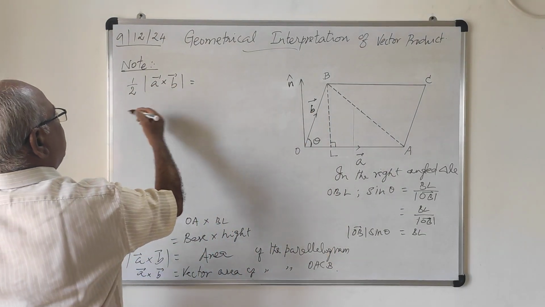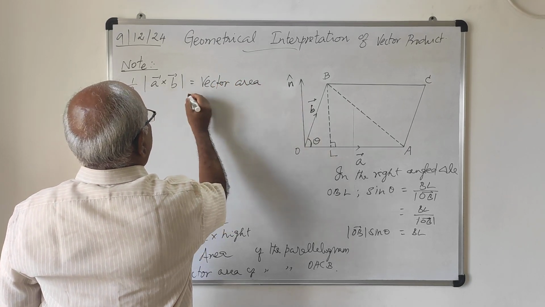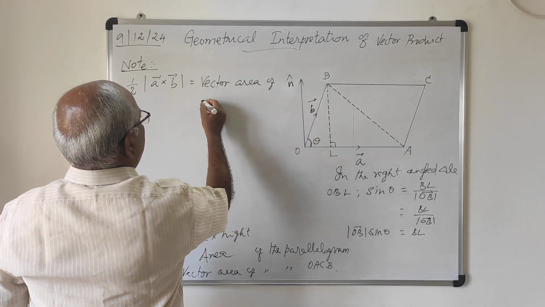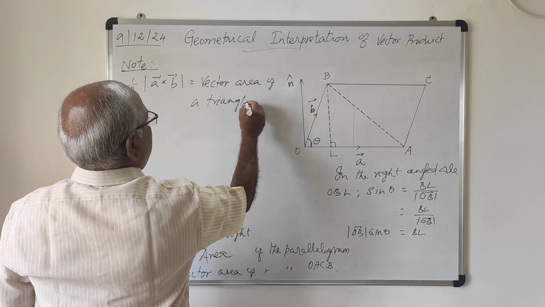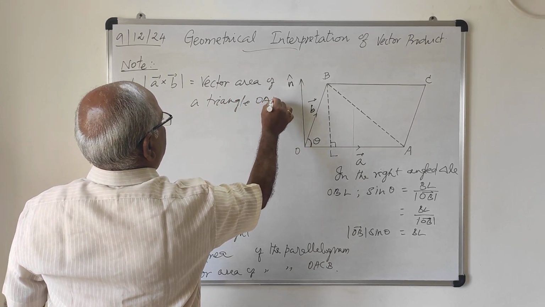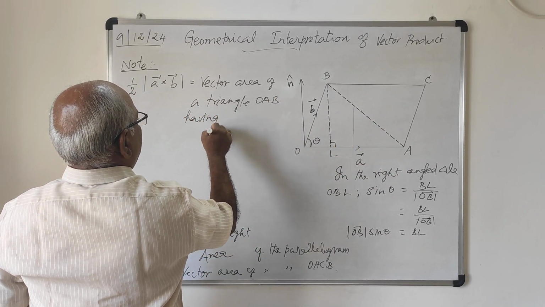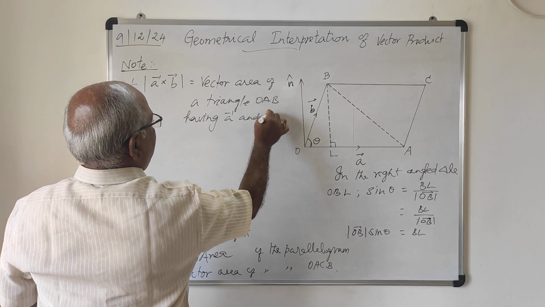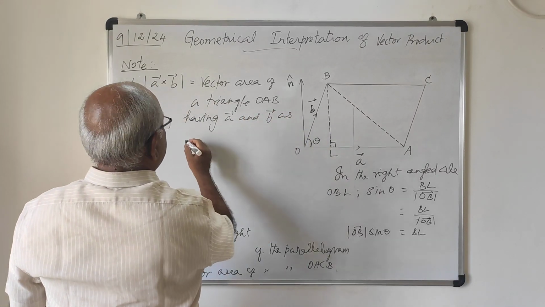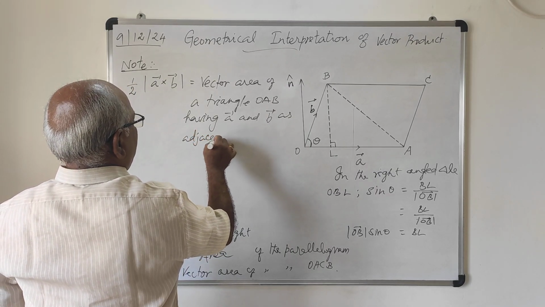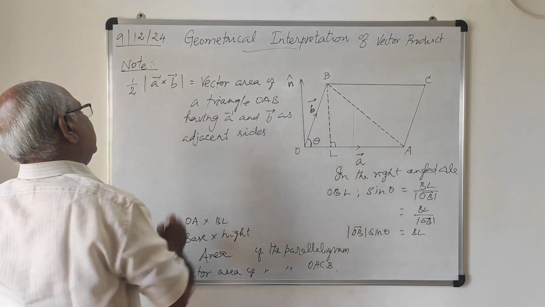Half of A cross B is the vector area of a triangle OAB having A vector and B vector as adjacent sides. Adjacent sides of a triangle.